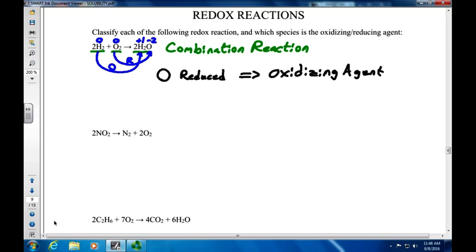Similarly, while hydrogen is technically being oxidized, it is also in effect acting as the reducing agent. I know it's kind of a weird concept, but just think of it as the opposite of what is actually happening is its agency.